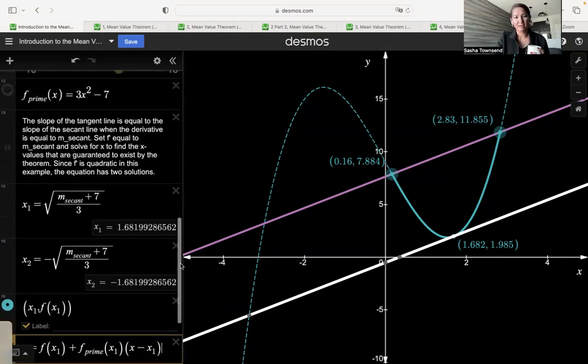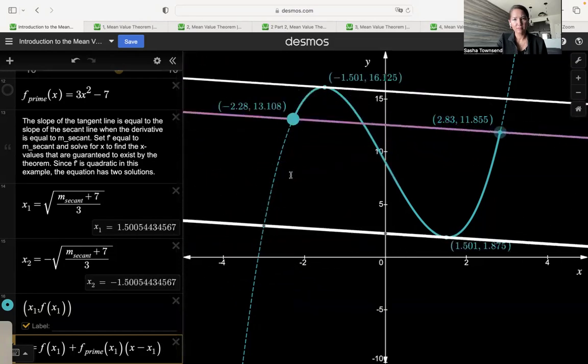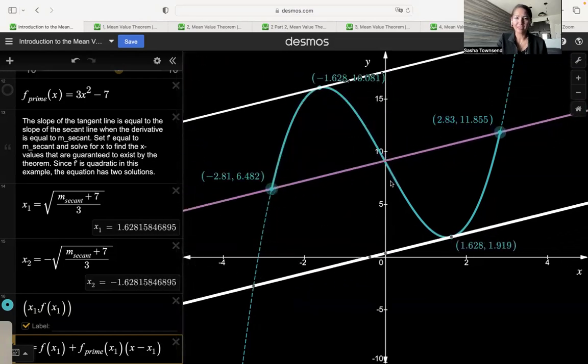But if you had a more powerful computer algebra system, you could even just have the computer algebra system solve that simple equation for the x values. You might have one, you might have more than one, but again, you're only interested in the x values that are on the interval of interest. But this little graph can illustrate that concept for you.